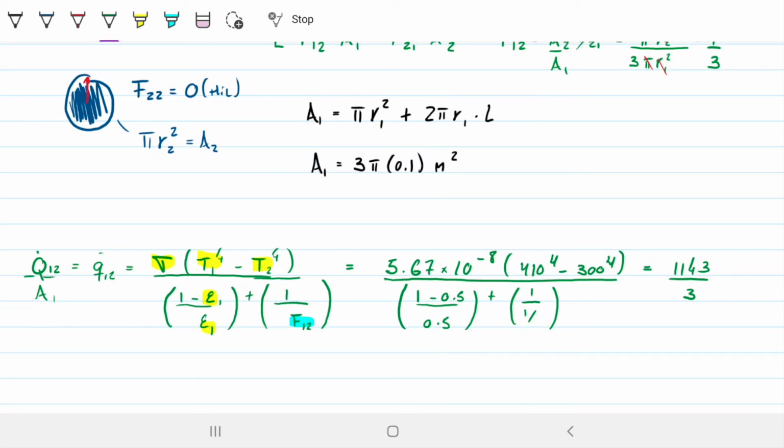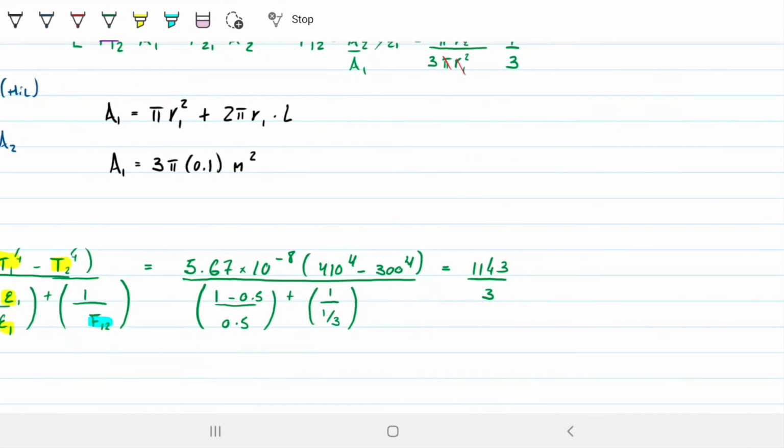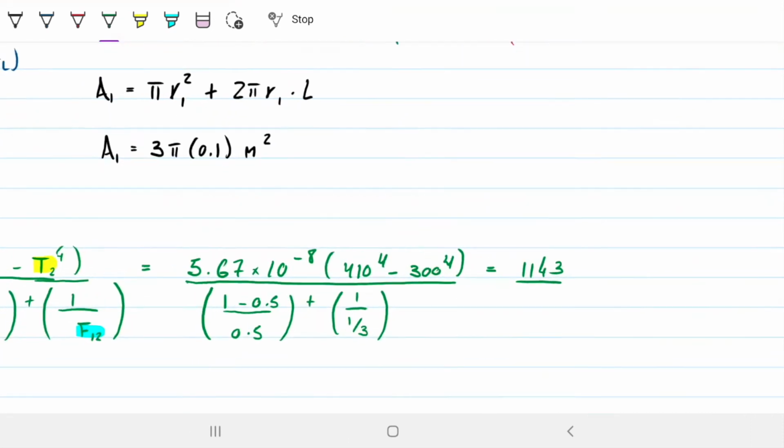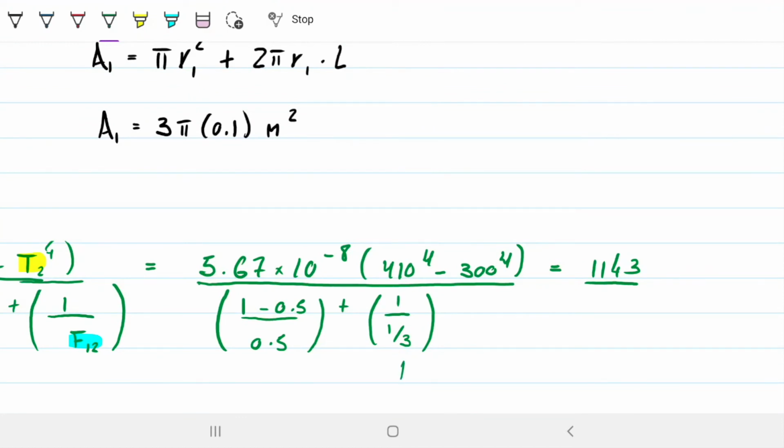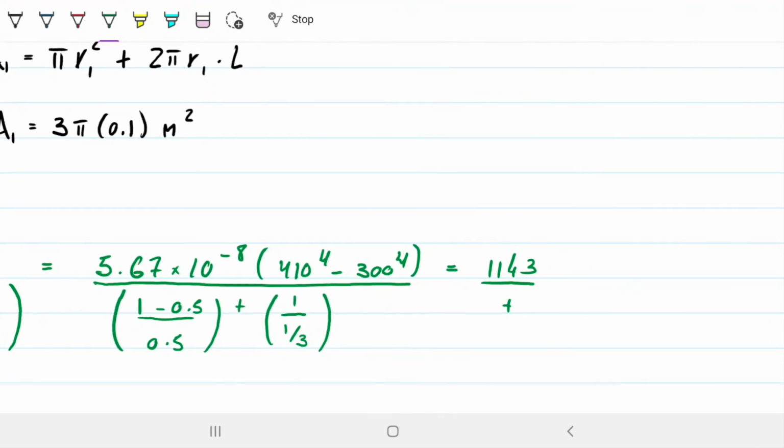This now is 1/3, and that's the difference, right? So this becomes 1/3. Everything else is the same, and that's why I left this top part here, because what's going to change that bottom part? This is still 1, and this now becomes 3. So this becomes 1 plus 3 equals 4. And this is 1/4. And then it's going to be 1143 divided by 4, which is about 285.754.